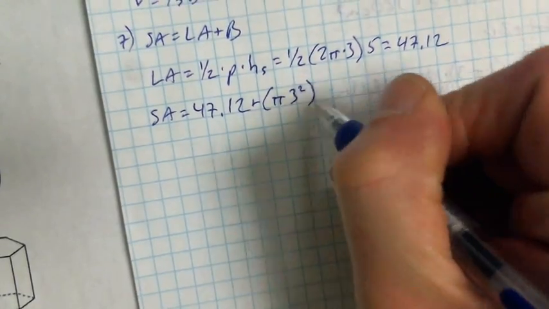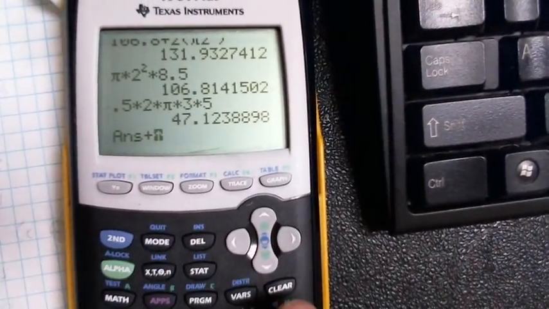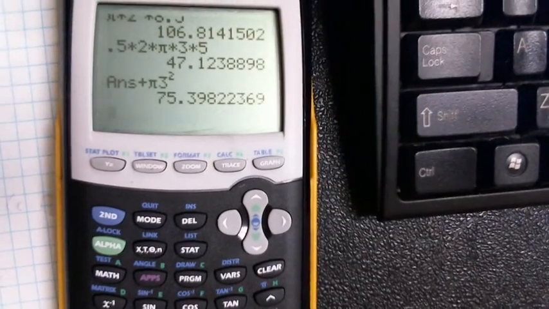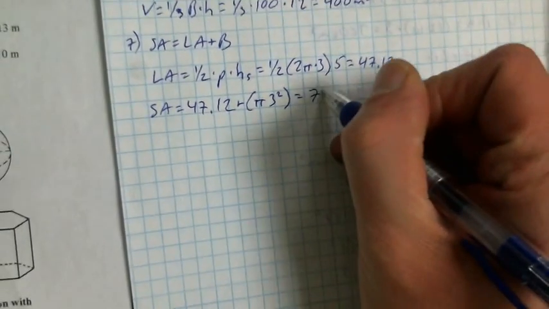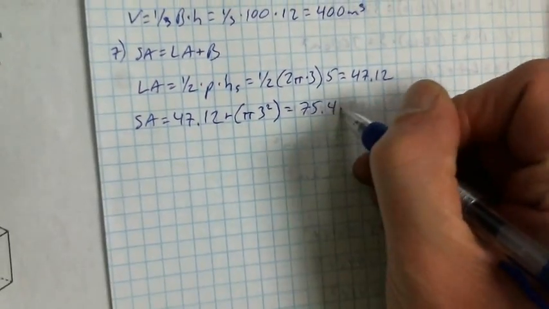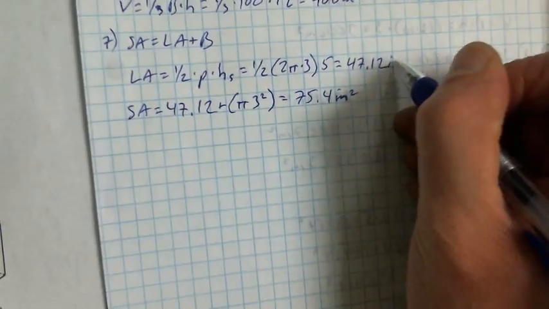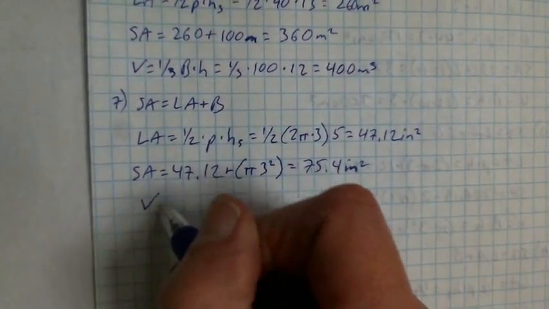That's 75.4. Oops, we're in inches. So that's square inches for surface area and lateral area.